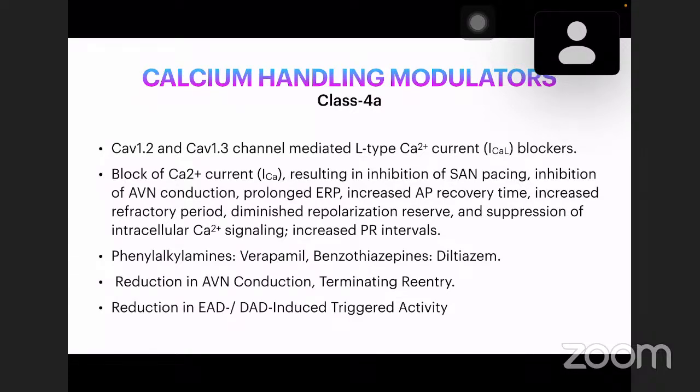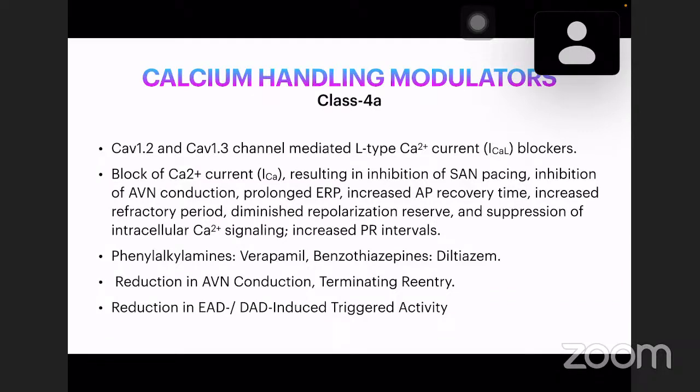They decrease the inflow of calcium into the cardiac myocyte, thereby resulting in decreasing sinoatrial node pacing, inhibition of conduction at the AV node, prolonging the ERP, increasing the recovery time, increasing the refractory period, diminishing the repolarization reserve, and suppression of intracellular calcium signaling, thus increasing the PR intervals. The drugs included are verapamil and diltiazem.